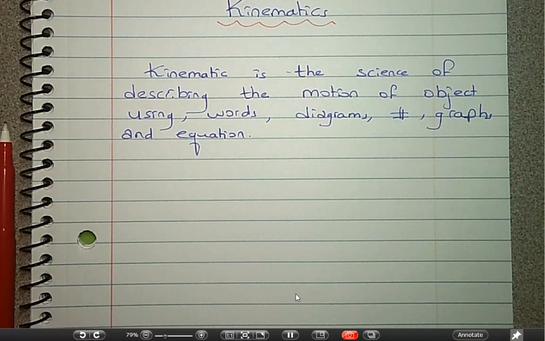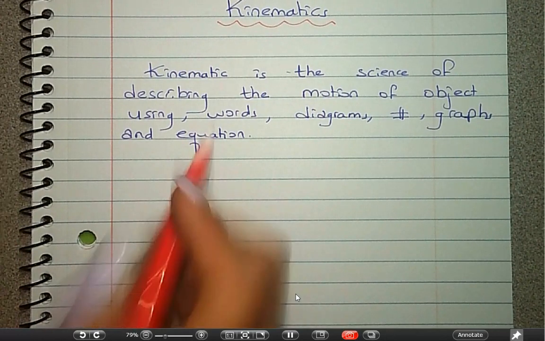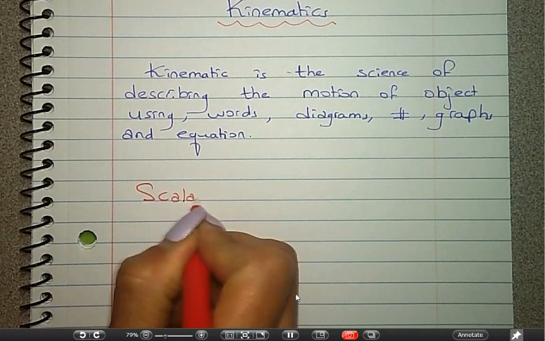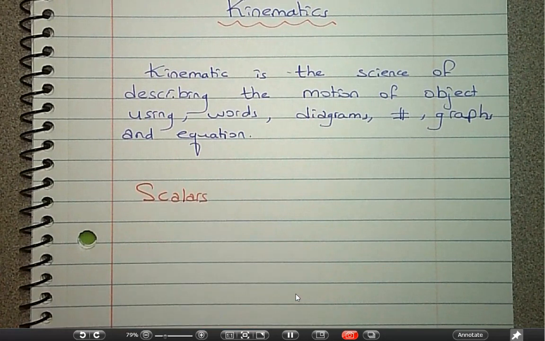So let's start by saying that when we talk about scalars, so let's say I was driving 25 miles per hour, or I was driving 25 miles per hour east of Janet Street.